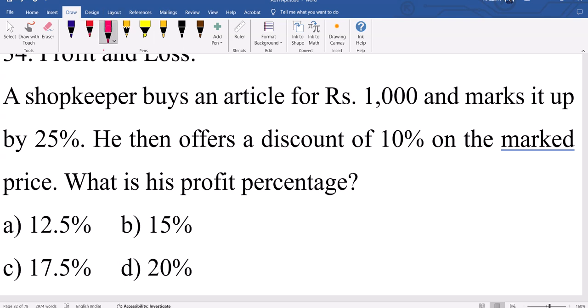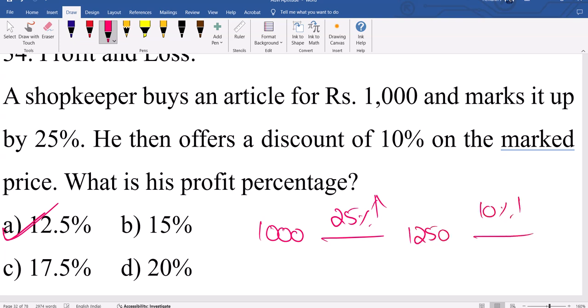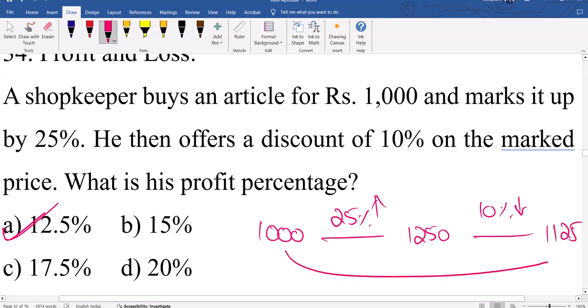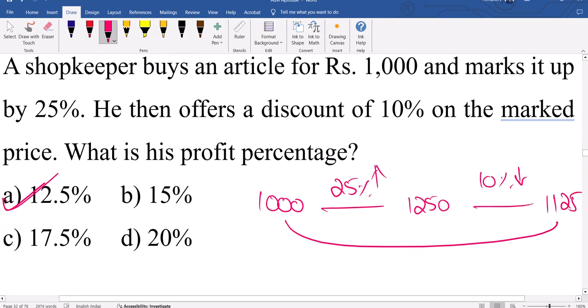Option A, 12.5. See, 1,000 rupees, 25% increase means 1,250. Then 10% decrease means 125 gone, 1,125. Profit is 125 with respect to 1,000. With respect to 100, that's 12.5, that's it.